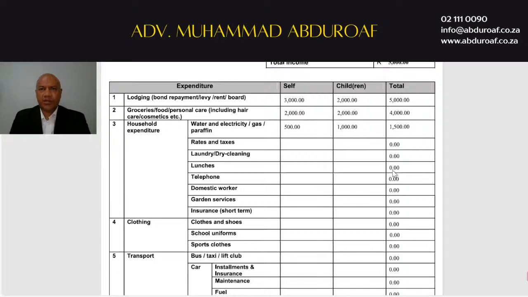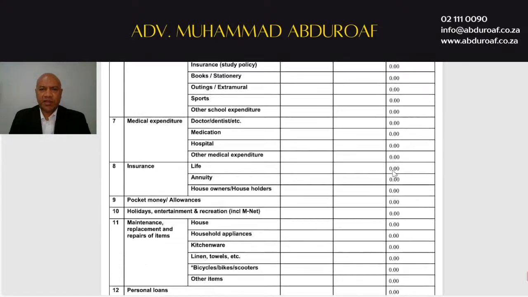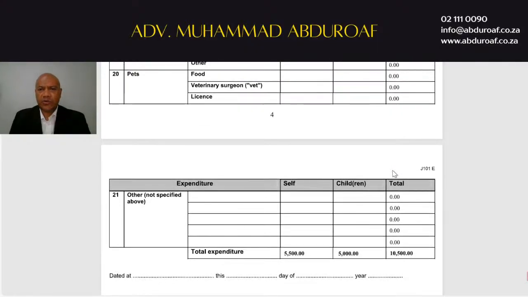Here you outline or unpack the various expenses for you and the minor children. If there are expenses that you are incurring and which you do not find on this form, you can insert them below.